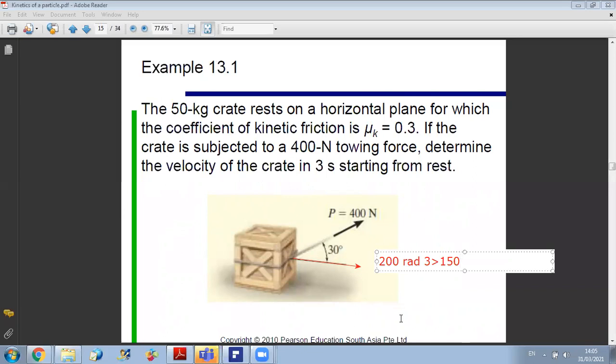So of course I am not in a static case. Now on the other hand, for example, if Px is 100, then it is smaller than F maximum. So what will be the friction in this case?